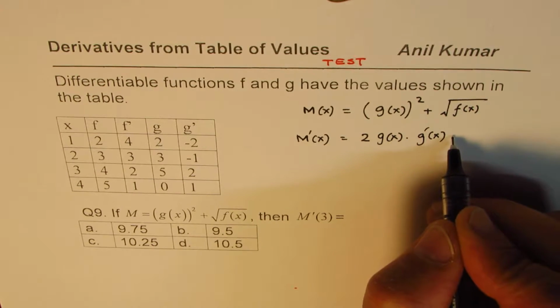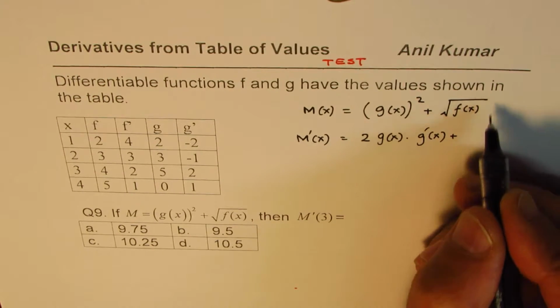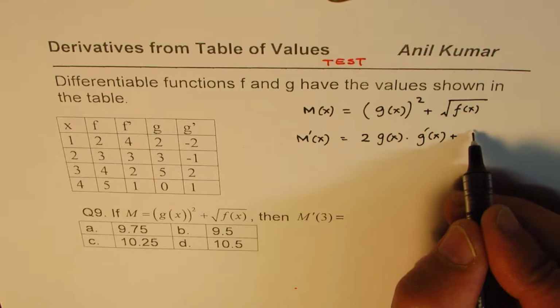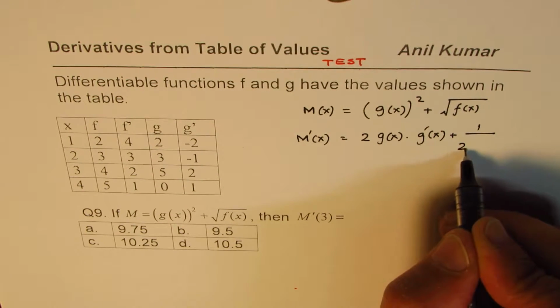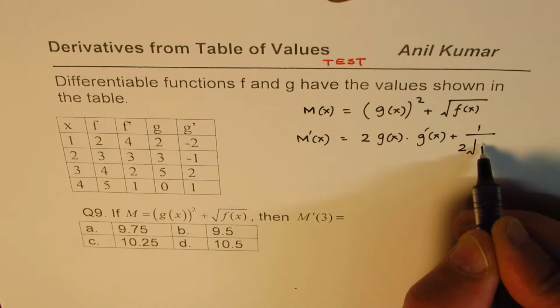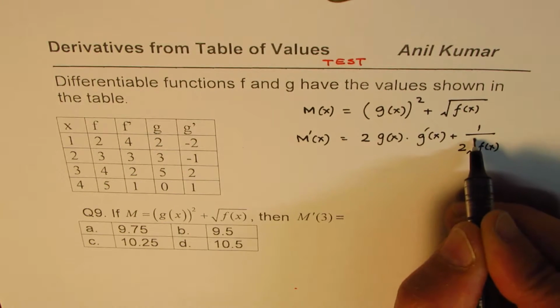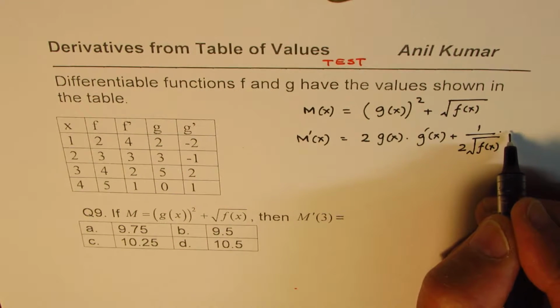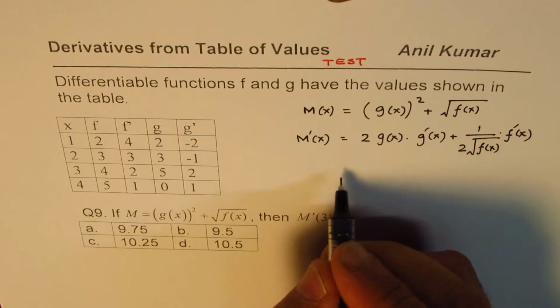Now for square root, this is like to the power of half, will be minus 1, right? So it is 1 over 2 square root of f of x times f prime x, right? So that is the derivative.